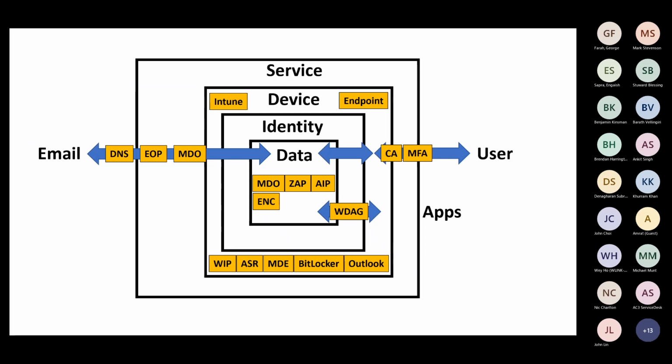You've got the Intune properties. You've got BitLocker, Outlook. You've got the AV that's built into that. You've got the user credentials, the MFA. So again, the whole advantage here is this integrated solution. It's not just email filtering.